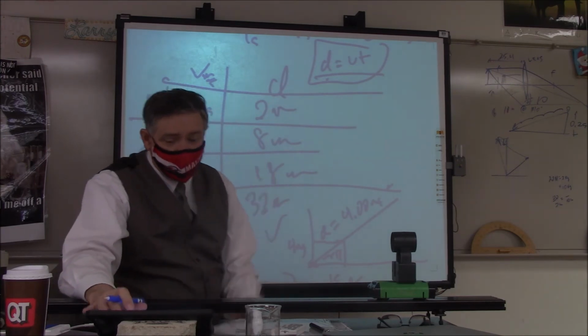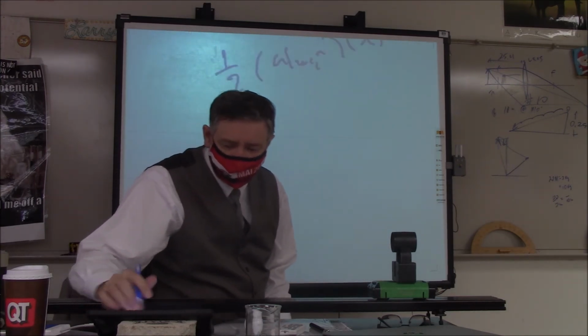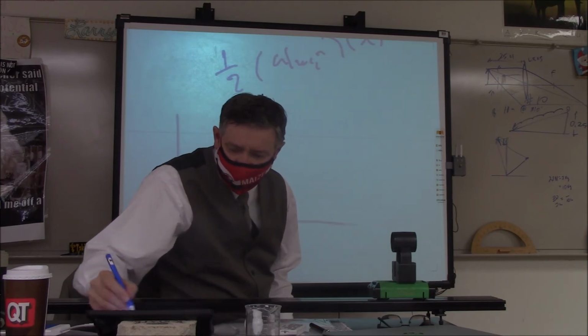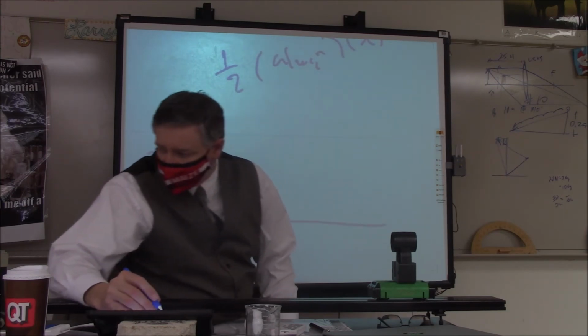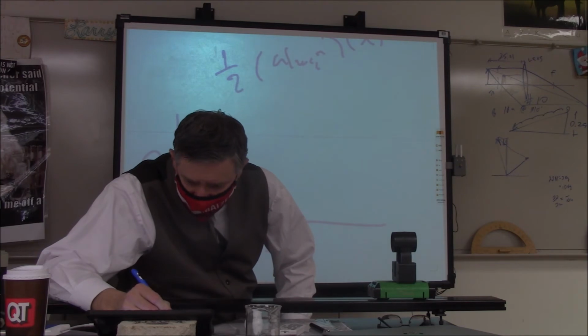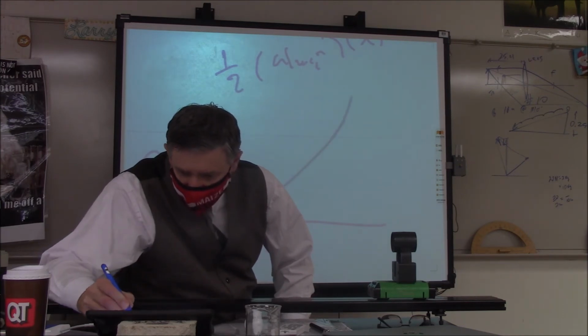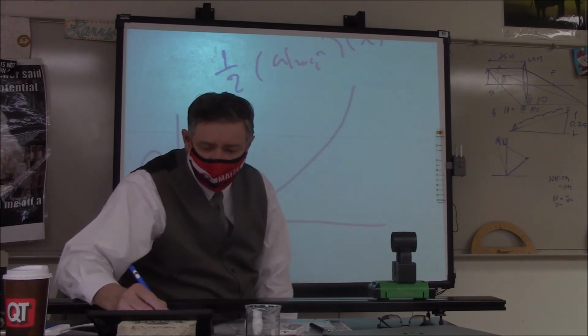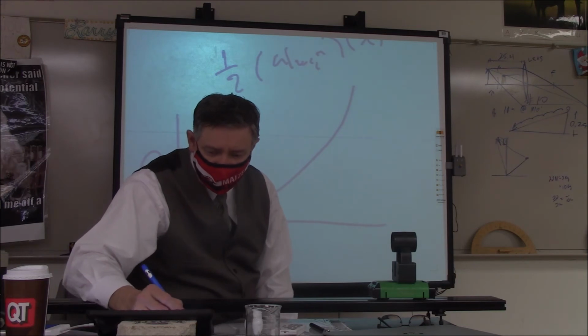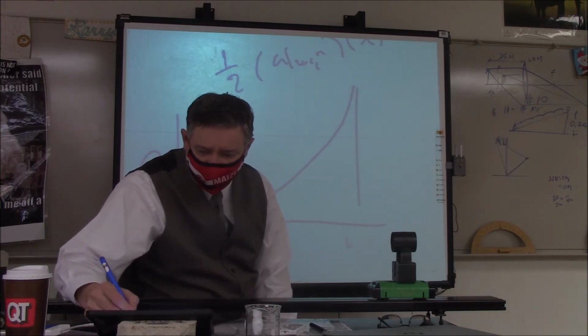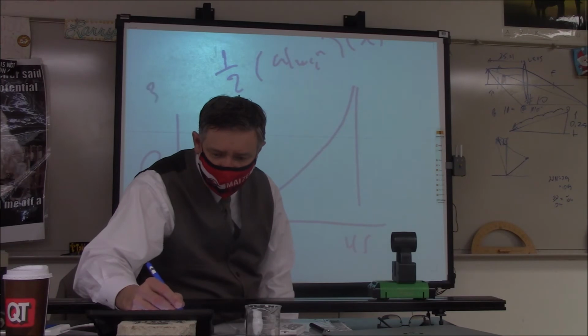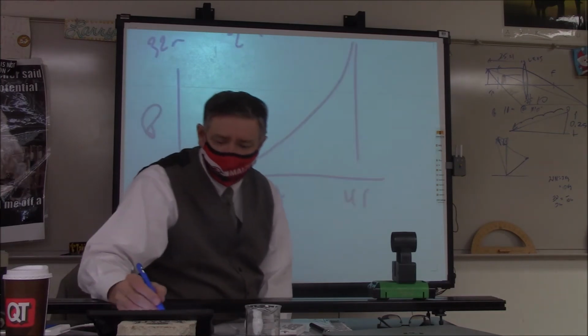Now, here's where all of this fits together. My position-time graph is going to be a quadratic function, which is going to go like this. At the end of 1 second, I'd gone 2 meters. Out here at the end of 4 seconds, I'd gone 32 meters.